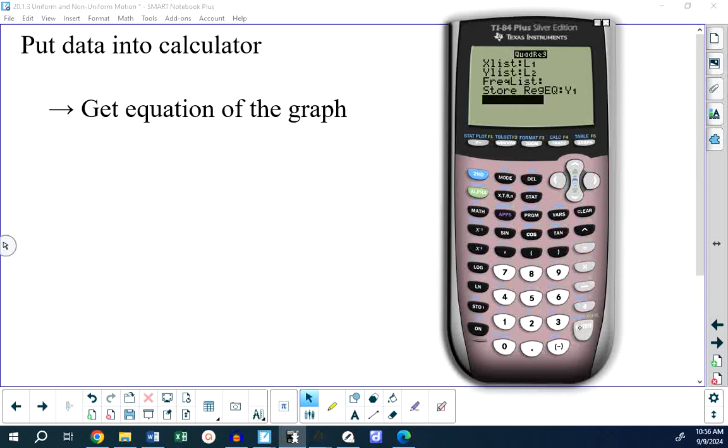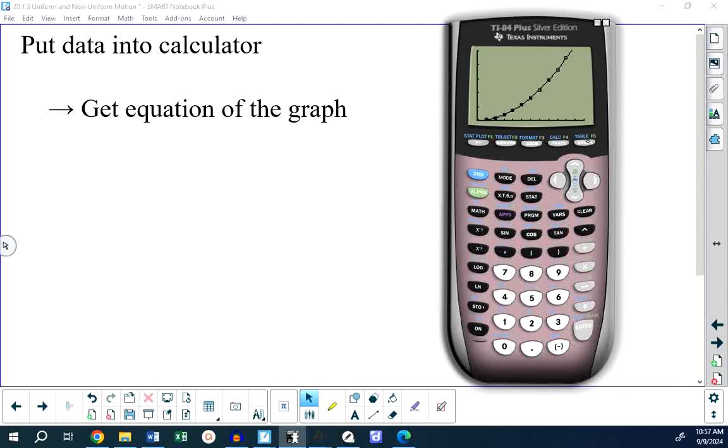Now when I calculate, don't worry about this thing it gives you, okay? Don't worry about it. Worry about the fact that now when you go graph, the graph that it's found matches the data perfectly. Okay, you with me? And we turn the stat plot off.